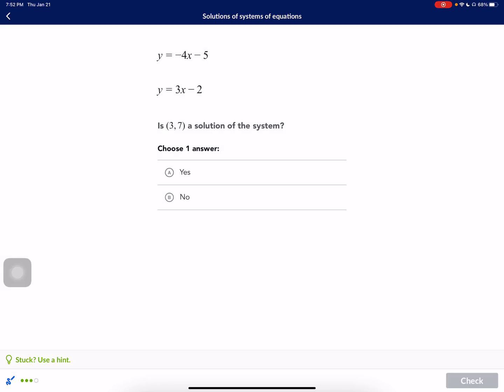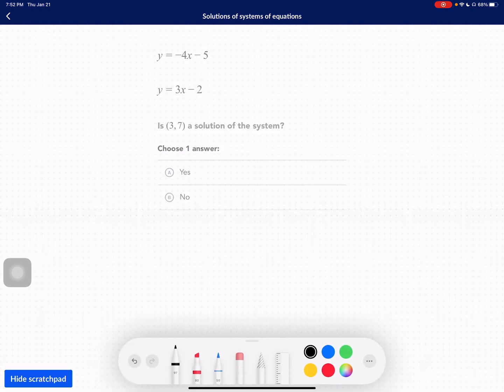All right, so let's do another one. I want to try to find one that doesn't work just so you can see what happens in that case. So here we have the point 3 comma 7. The 3 is the x of the coordinate and 7 is the y. So let's go ahead and test this first equation here.